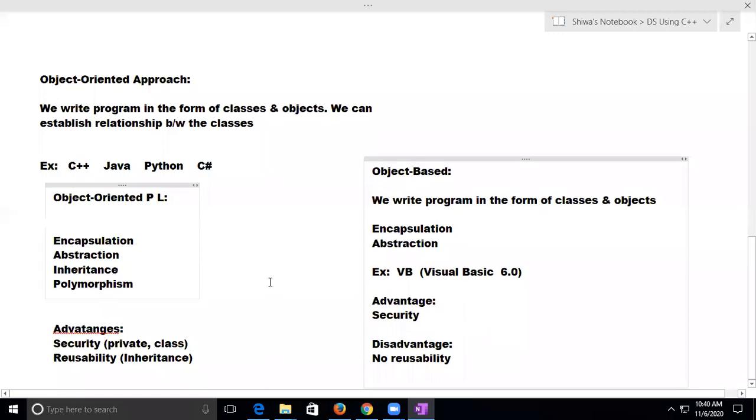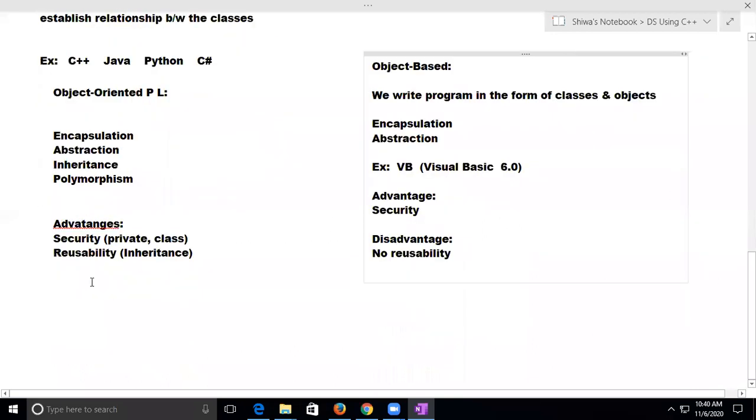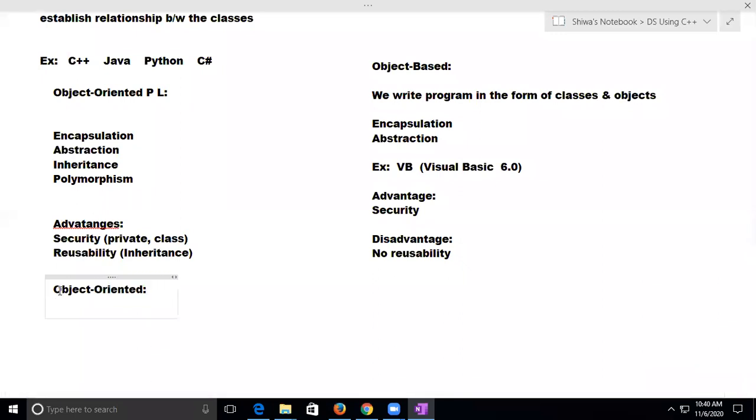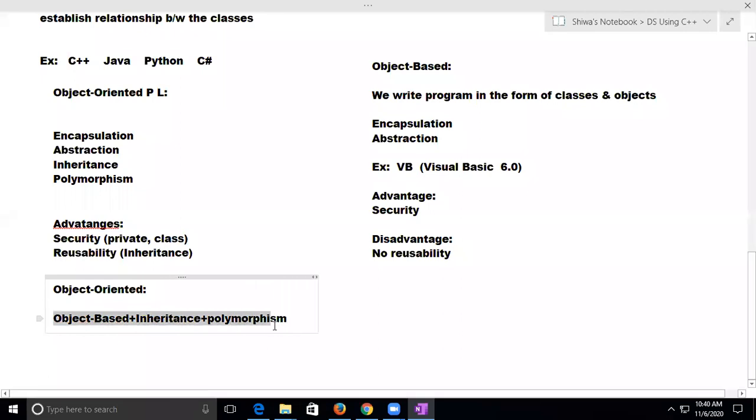So simply you can say that object oriented means object based plus inheritance plus polymorphism. Object based means what?